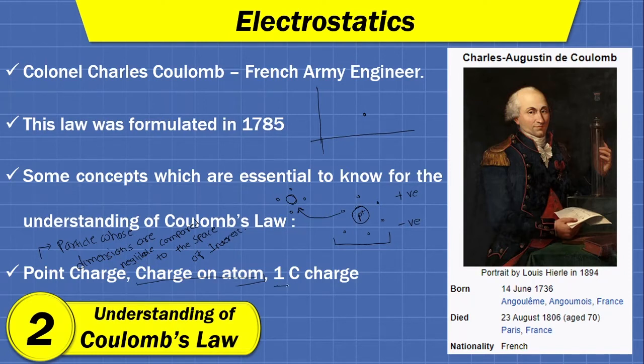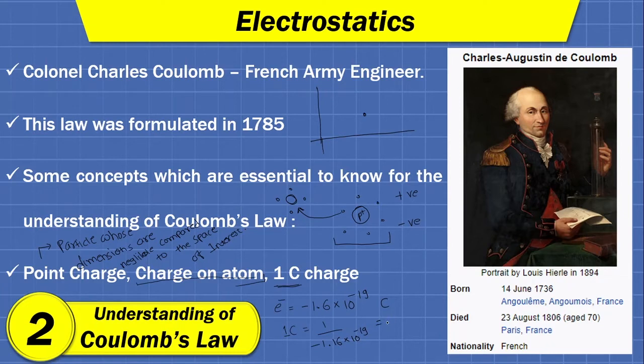The third thing is 1 coulomb charge. We know that the charge on any electron is minus 1.6 into 10 raised to minus 19 coulomb. Coulomb is a unit of charge. Here minus indicates that the polarity of the charge on an electron is negative. If we want to find out how many electrons are in 1 coulomb of charge, we simply do 1 upon minus 1.6 into 10 raised to minus 19.